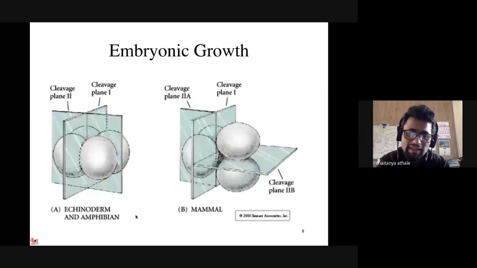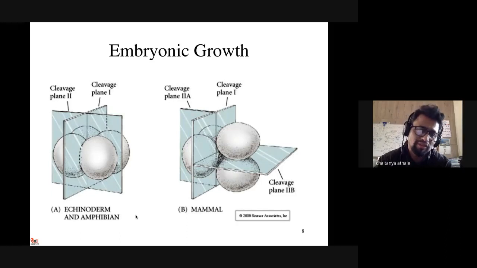Whereas in mammalian embryogenesis, these planes are not the same. There's not just a 90-degree switch, there's also positional change in the planes of division. Suffice to say, this already means that you are getting very soon to reduced degrees of rotational symmetry.